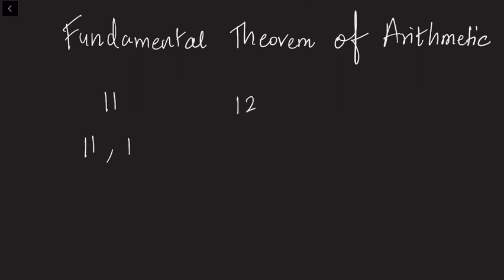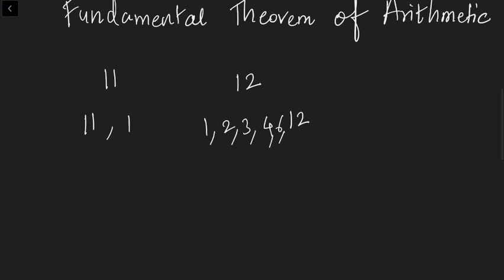But 12 is not a prime number because it has divisors other than 12 and 1. Which are the other divisors? They are 2, 3, 4, and 6 also, right? If a number has divisors other than the number itself and 1, that is a composite number. So 12 is a composite number and 11 is a prime number.